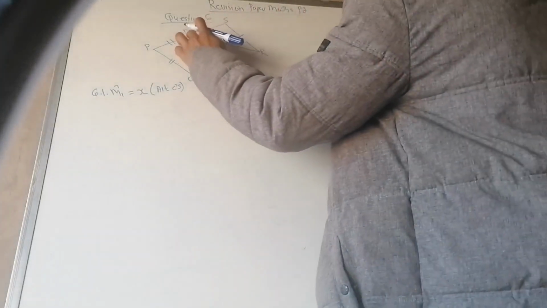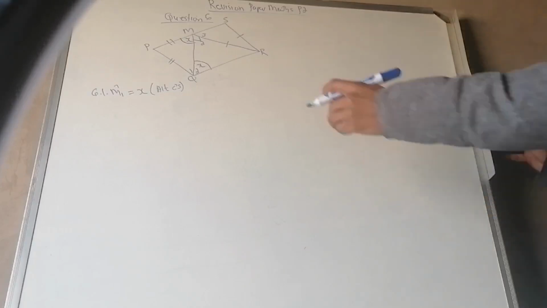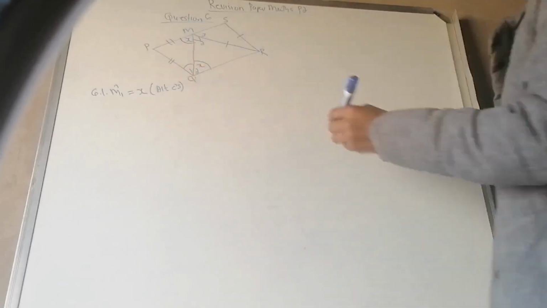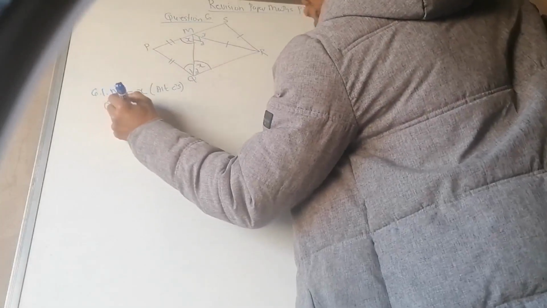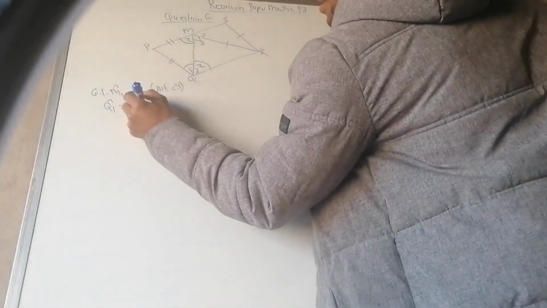Right, which other angle also equals X? I know that in an isosceles triangle, if two sides are equal, two angles are equal. If this side equals this side, this angle equals that angle. So again, Q1 equals X. Reason: isosceles triangle.